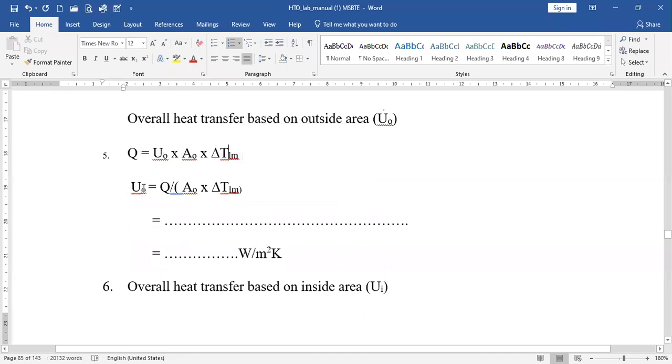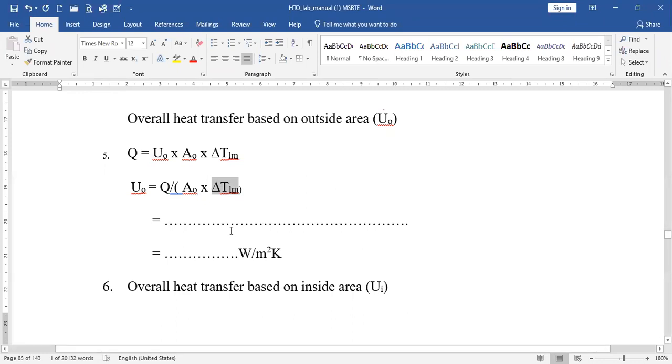In this formula, only rearrangement is there. So U outside is on the left hand side and the remaining parameters are on the right hand side: Q upon AO into delta TLM. We can calculate this Q value with the help of m Cp delta T. Then we can calculate the outside area with the help of the pi dl formula, and we can calculate this delta TLM with the formula delta T2 minus delta T1 upon ln of delta T2 by delta T1.